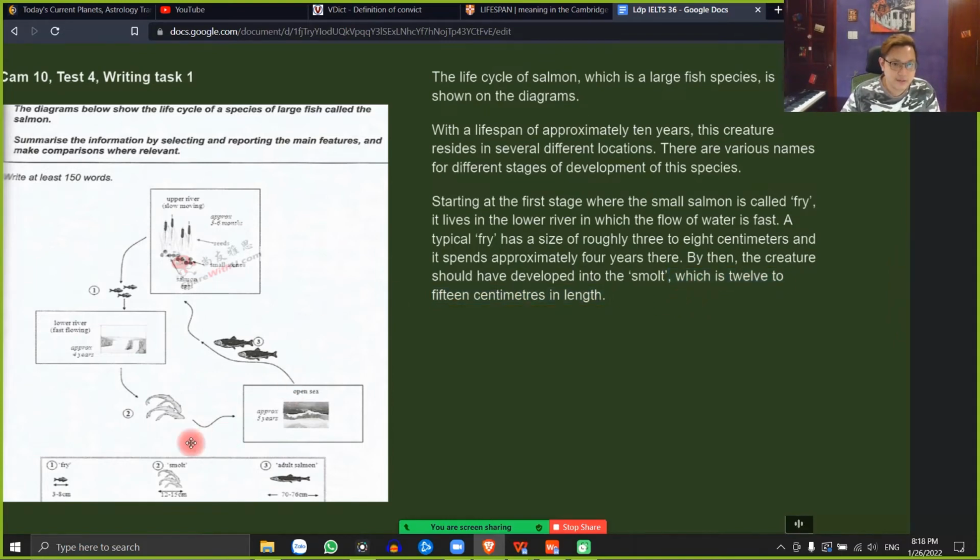Alright, so we're already there. So you can say the smolt finds its way to the open sea.